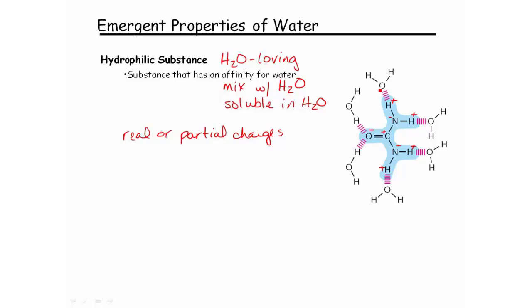So to identify a hydrophilic substance, it really goes back to chapter 2 and being able to differentiate polar versus non-polar covalent bonds. If we happen to have a lot of polar covalent bonds, then we will have a hydrophilic substance. Or if we have an ionic compound, so something that's made up of ions of different charge being attracted to each other, that will also be soluble in water.